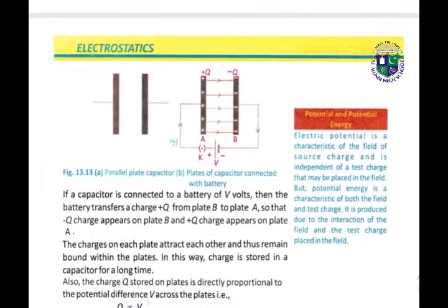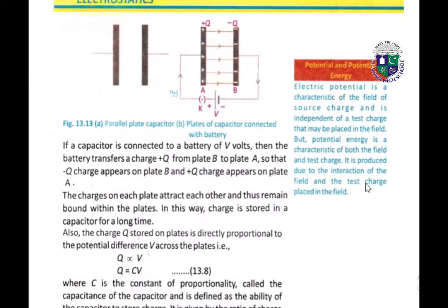So look here, on the next page we have figure number 13.13, parallel plate capacitor, and B shows the plates of the capacitor connected with a battery. So here, part A, figure number 13.13, we have the parallel plate capacitor.